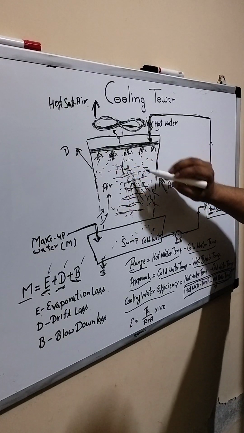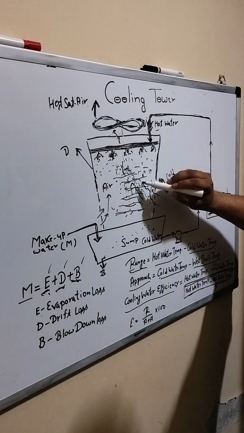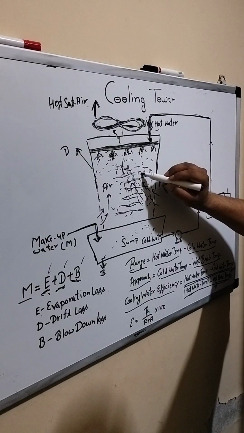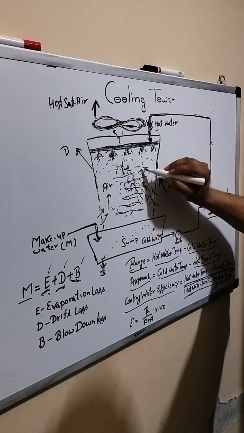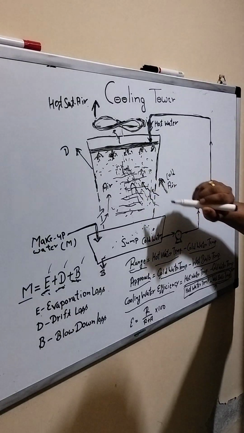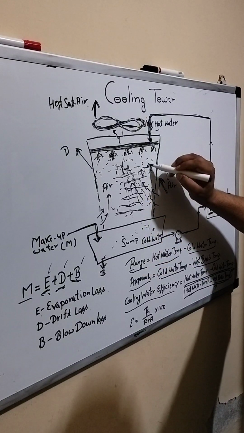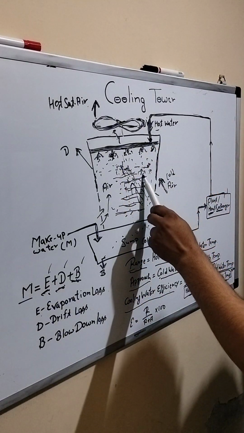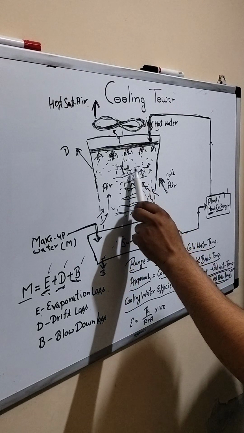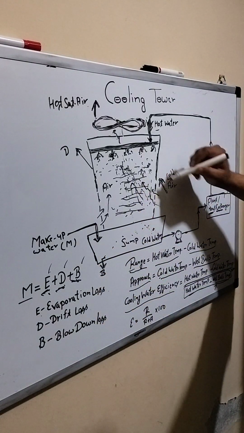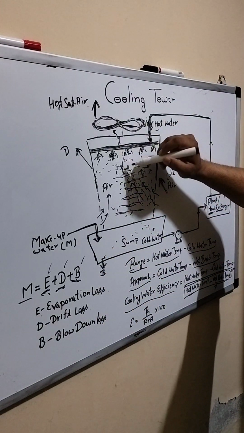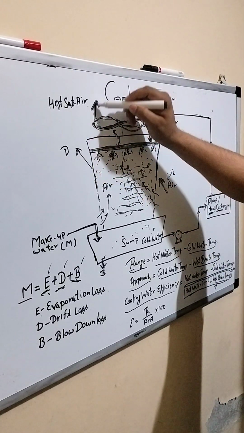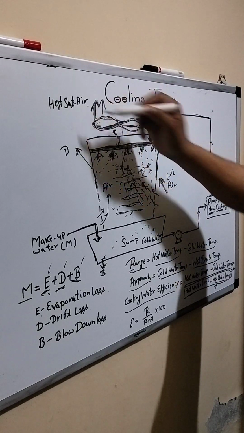So this air will get saturated because the water droplets will evaporate. After evaporation the air will get saturated, and the water will lose its heat energy and it will go into the air. So your air will become hot, and it will come out from this side as hot, saturated air.